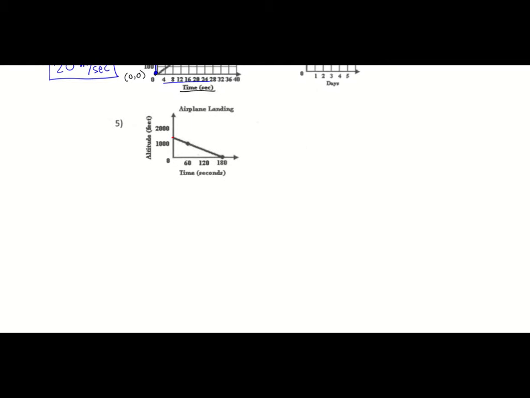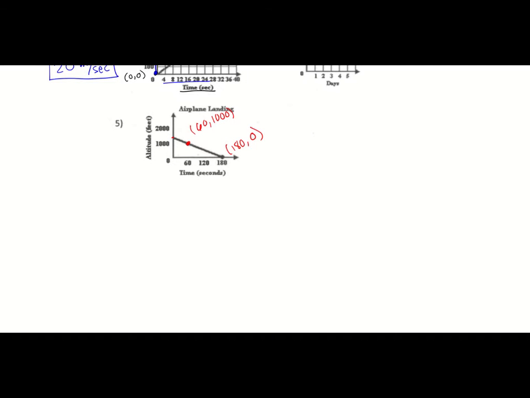So if we look at the 2 points it gives us here, this one is 60, 1,000, and we've got 180, 0. So that means it is on the ground. It is not high up above anymore. It is flat on the ground.